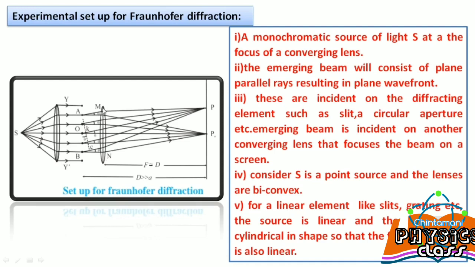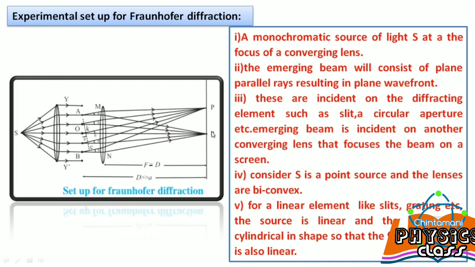Another biconvex lens is used. From this biconvex lens to the screen, the distance is always f, nearly equal to D. Here f is the focal length and capital D is the distance between the biconvex lens and the screen. Also, capital D is always greater than a.